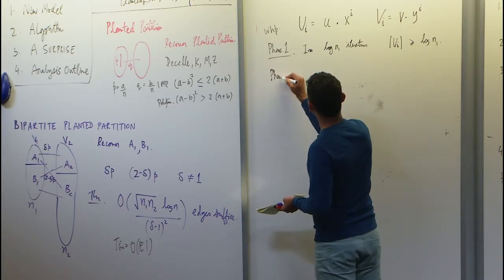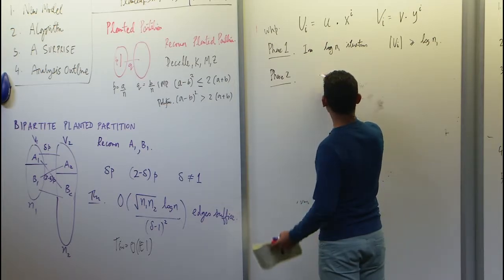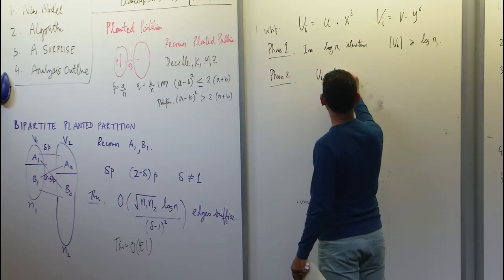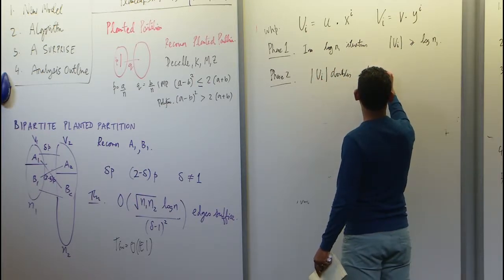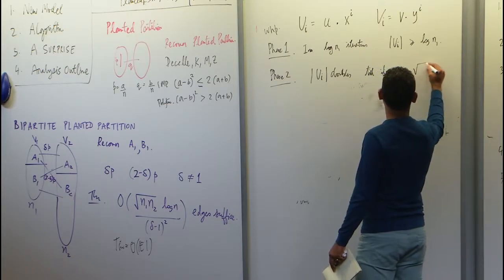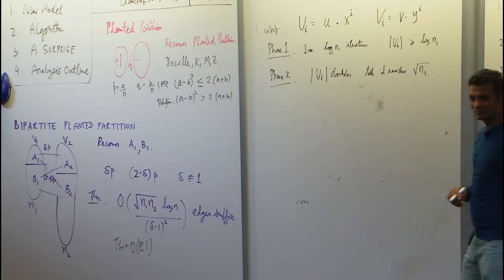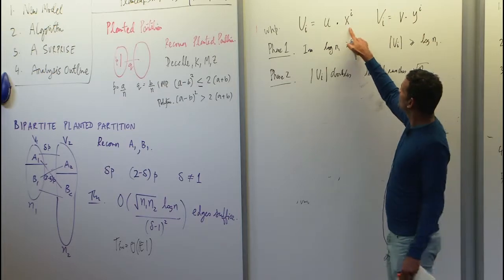In the first log n iterations, this u1 will get up a little bit, and in phase 2, when it's between, it starts doubling. Ui doubles the magnitude of ui till it reaches square root n1. Just to fix normalization, you start out with a plus minus 1 vector, divided by root n, so it's a unit vector.